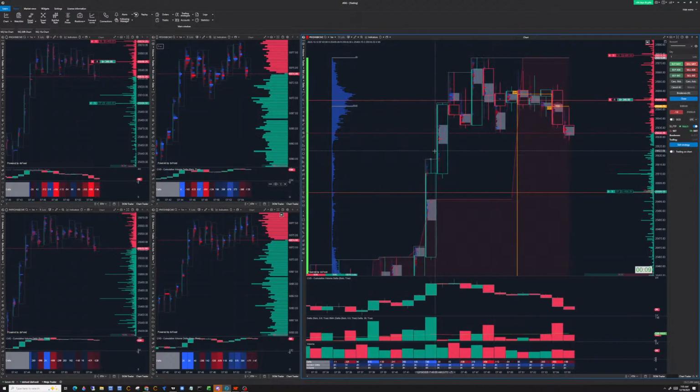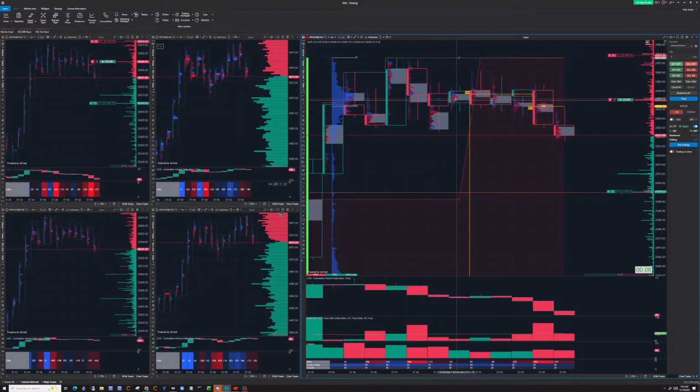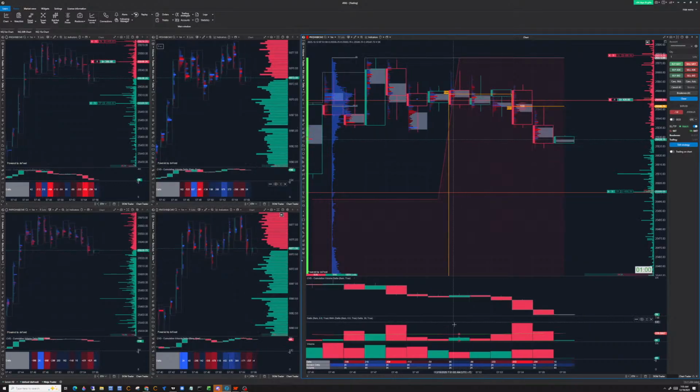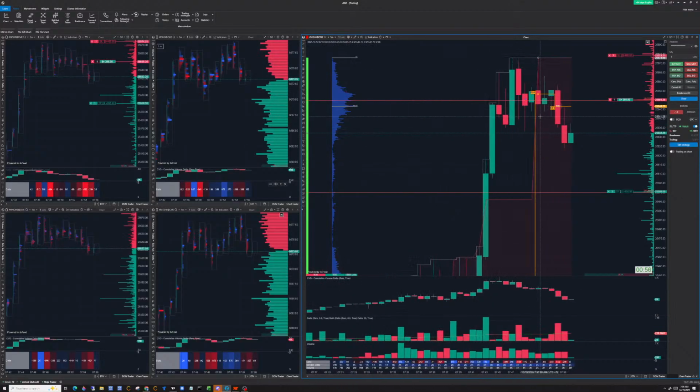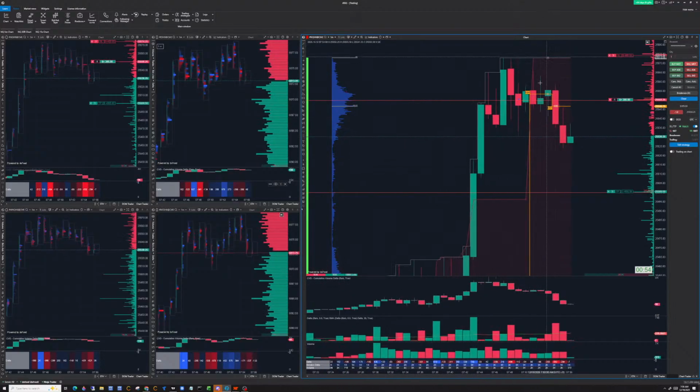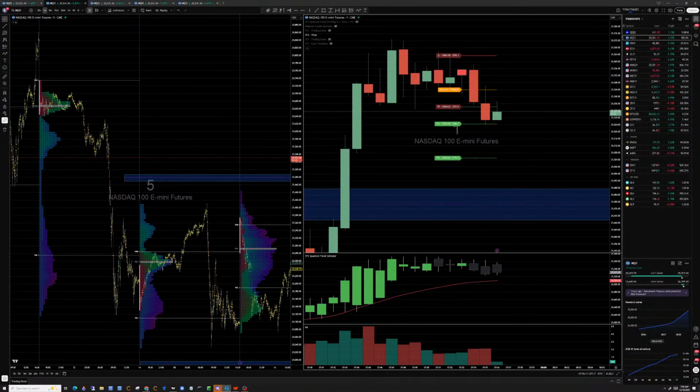As buyers were hitting right here, I was already in the trade, so I was kind of sweating. I was like, uh-oh, buyers are in here. You can see the delta was super positive, but price was failing to go up, which was a good sign for my trade because it was showing absorption. If buyers were trying to step in and sellers were pushing it down, I was already selling. Things looking pretty good.